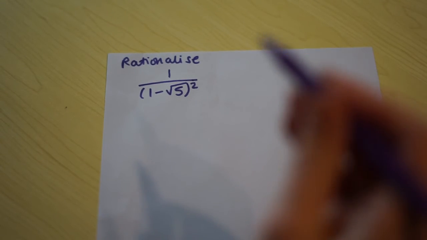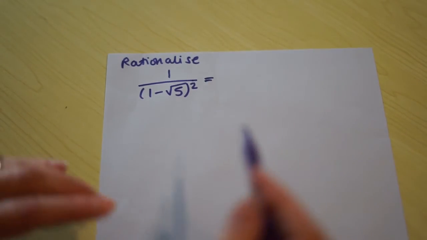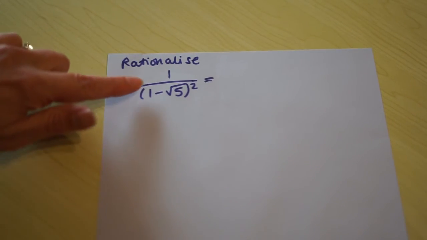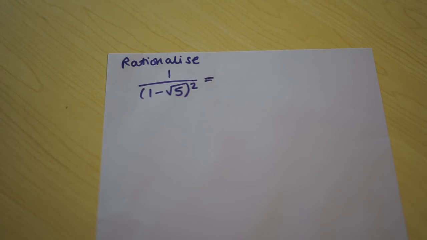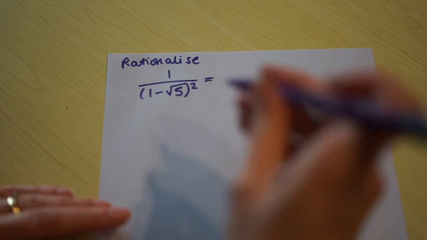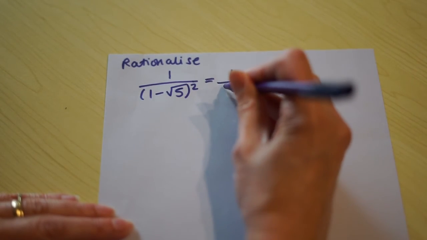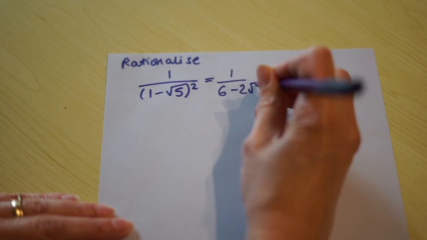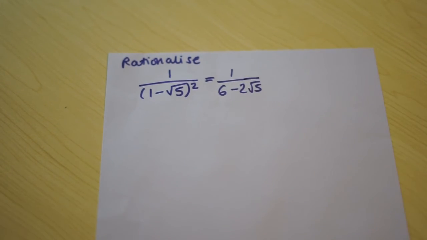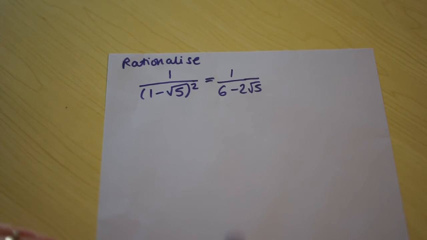Okay, so the first step should have been for you to multiply out the denominator. When you did that, you should have made that this. Next stage is to rationalise the denominator.